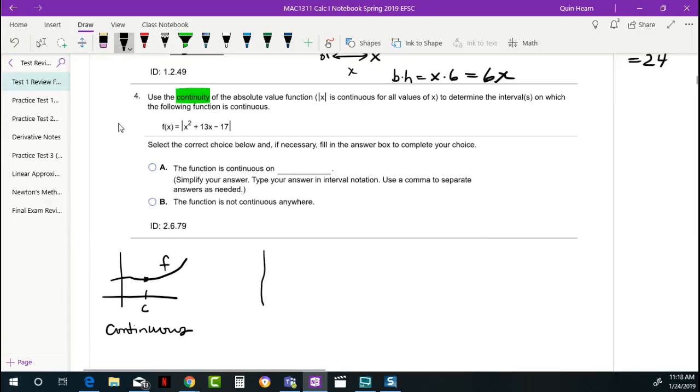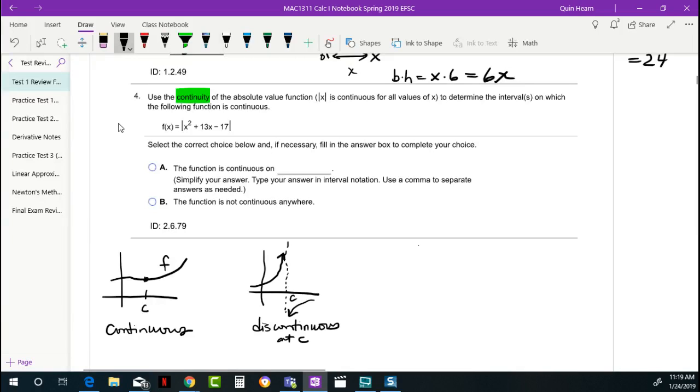Some examples of discontinuities would be, for example, a function that has a vertical asymptote at c. It might have a limit from the left going up to positive infinity and a limit from the right going to negative infinity, something like that. So this would definitely be discontinuous at c.